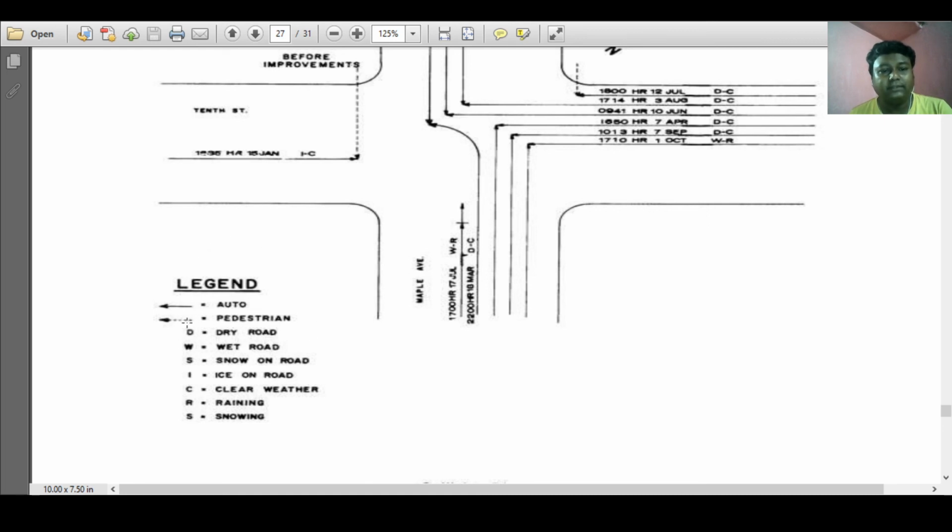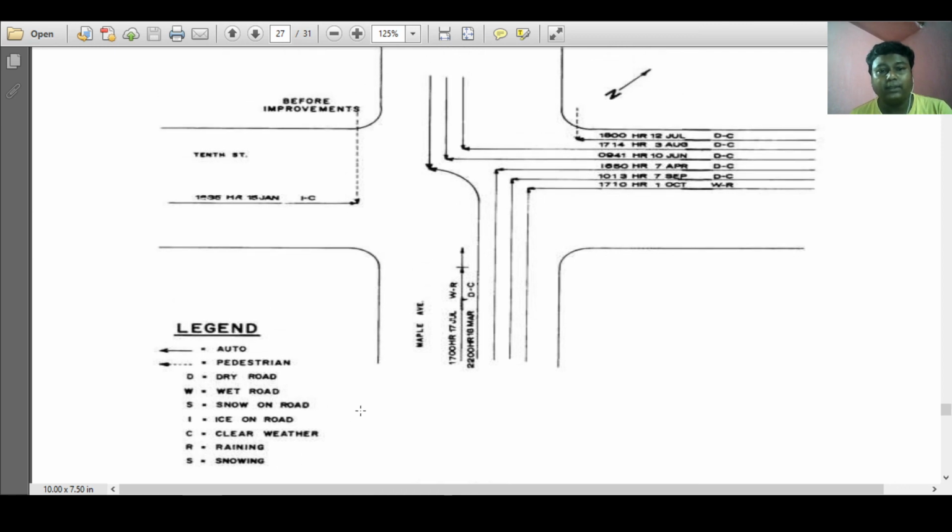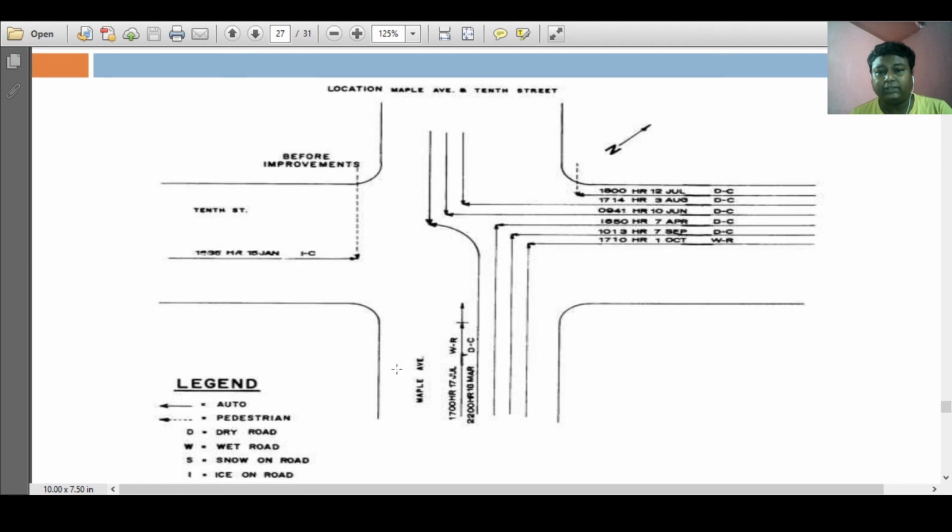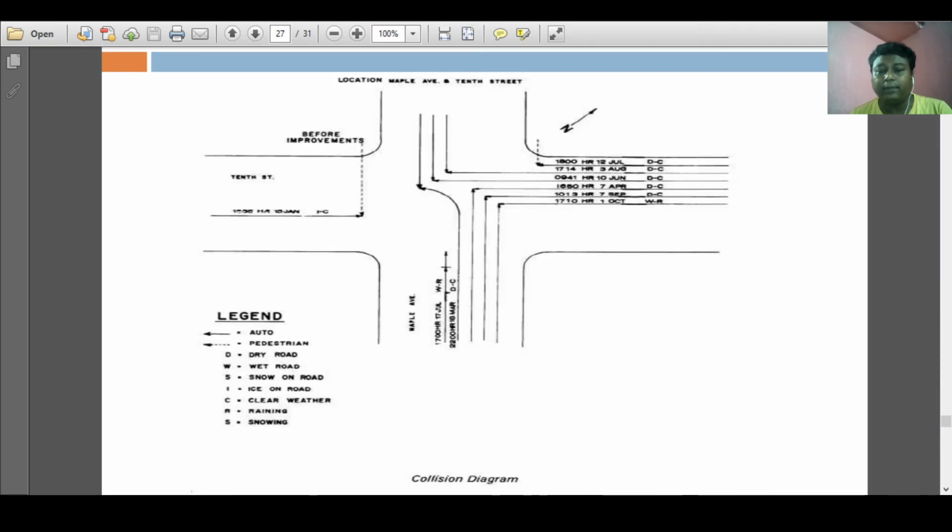By this notation you can find the auto, meaning automobile, the pedestrian, dry road, wet road, snow road, ice road, clear weather, raining, snowing. These are the notations given in the collision diagram, by which we can understand the possible parameters responsible for the accident.